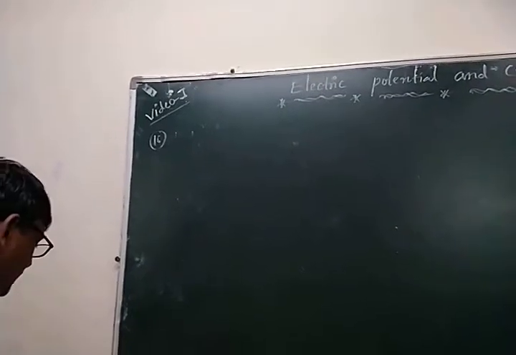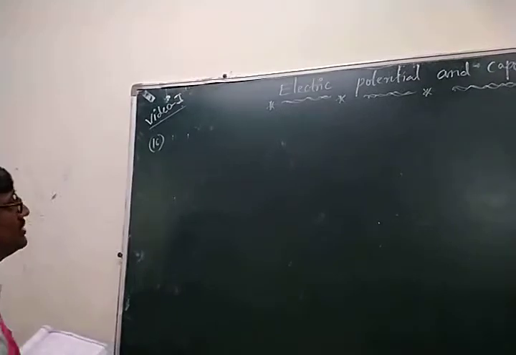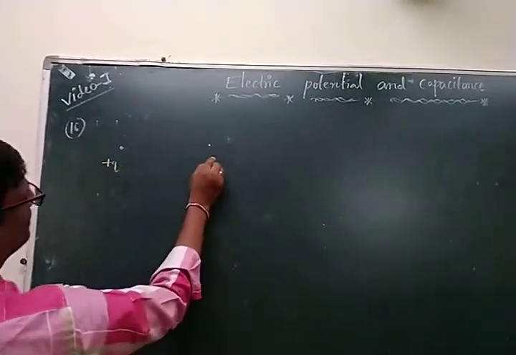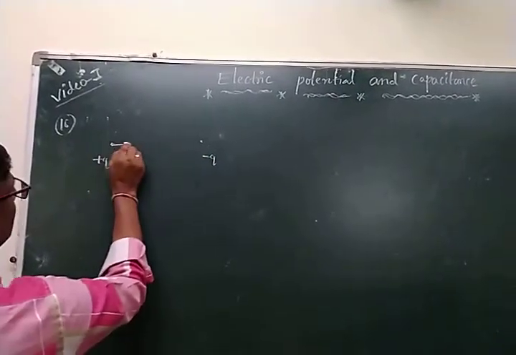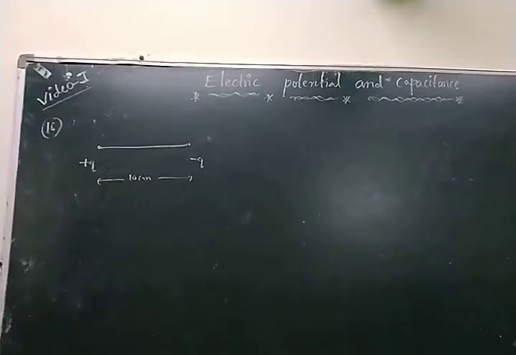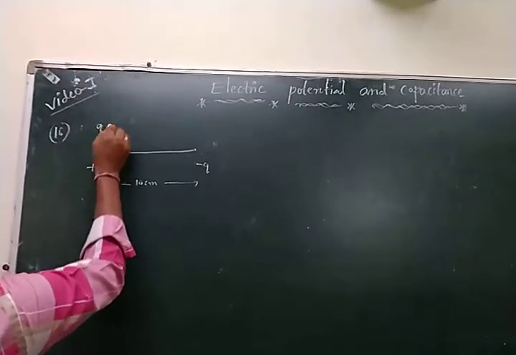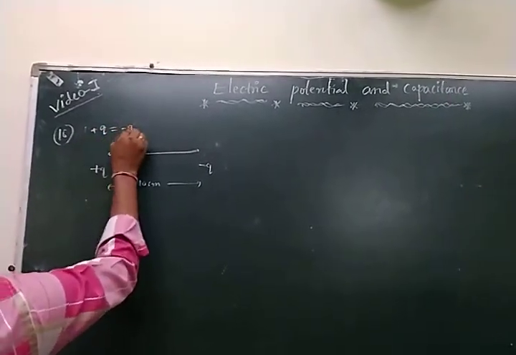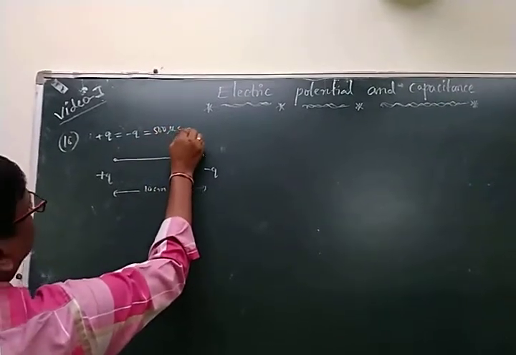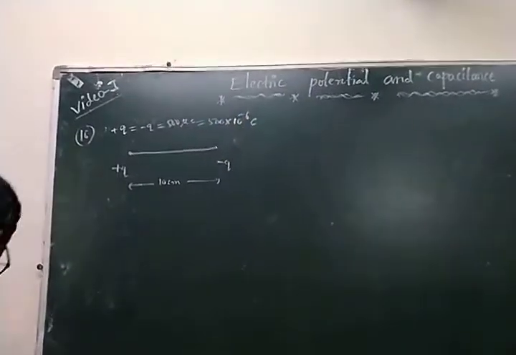Next, question number 16. The electric intensity due to a dipole of length 10 cm. A dipole is a positive charge and a negative charge, and its length is given as 10 centimeters. Each charge, positive and negative, is Q equal to 500 microcoulomb, that is 500 into 10 power of minus 6 coulomb.